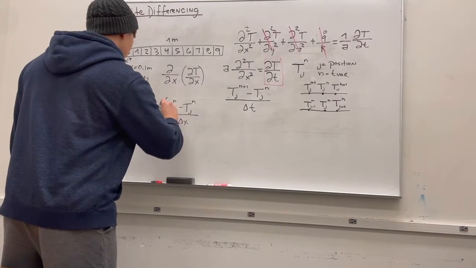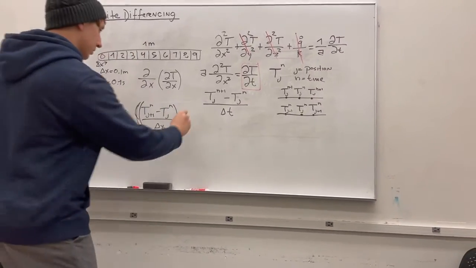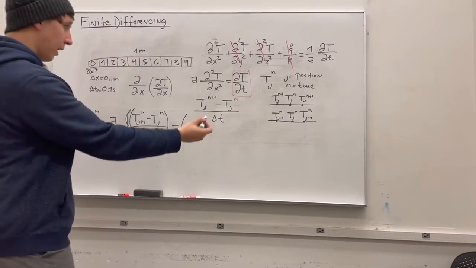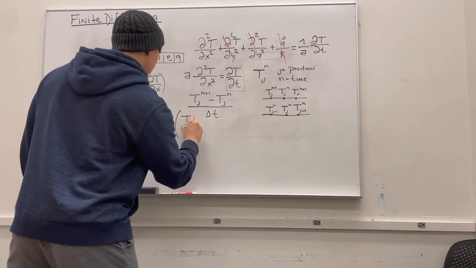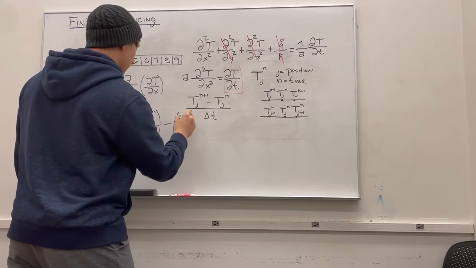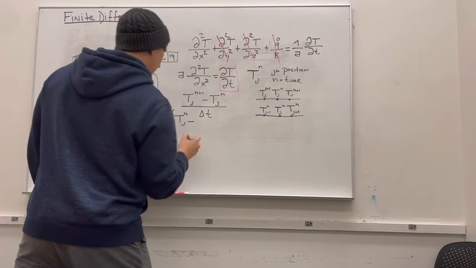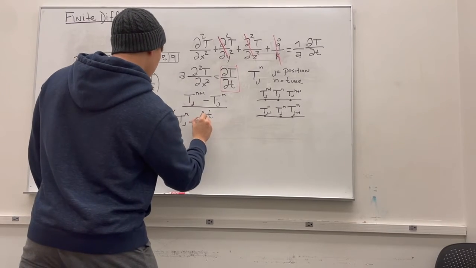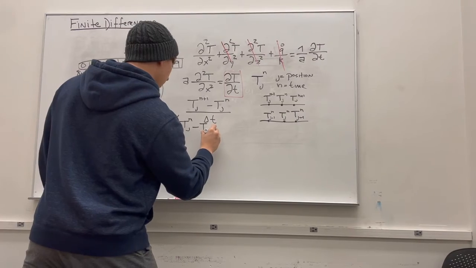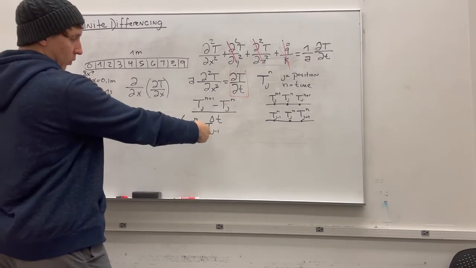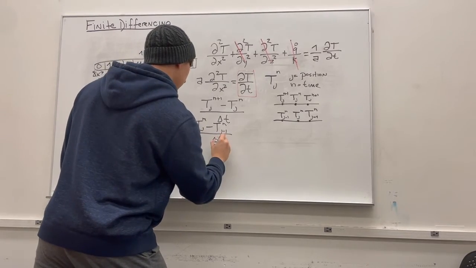We can put this into another bracket of parentheses right here, minus the other end of this. So you would have the temperature at some position j, some constant time, and then minus the temperature at some position j minus 1, keeping that time the same, divided by delta x.